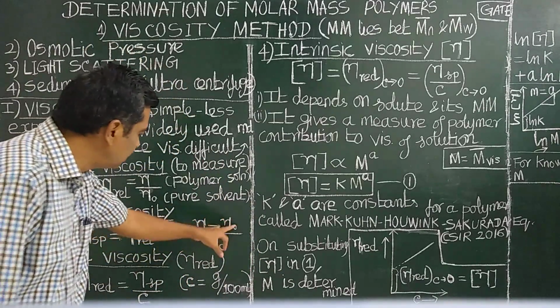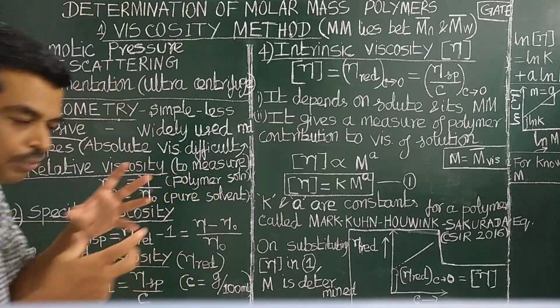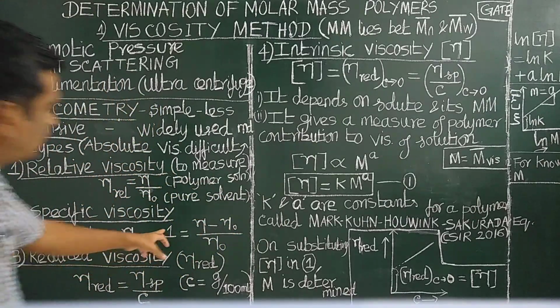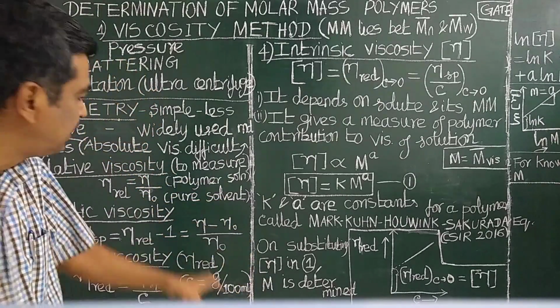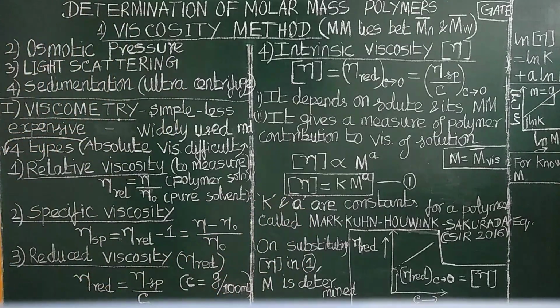Eta is the viscosity of the polymer solution, and eta naught is the viscosity of the liquid solvent. Therefore, eta minus eta naught gives the absolute viscosity of the polymer.